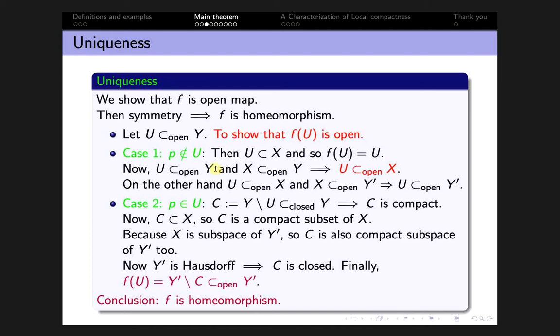Say Y and Y prime are compact Hausdorff topological spaces. So the one-point singleton set P is closed in Y, so the complement, that is equal to X, is open in Y. Similarly, X is open in Y prime.